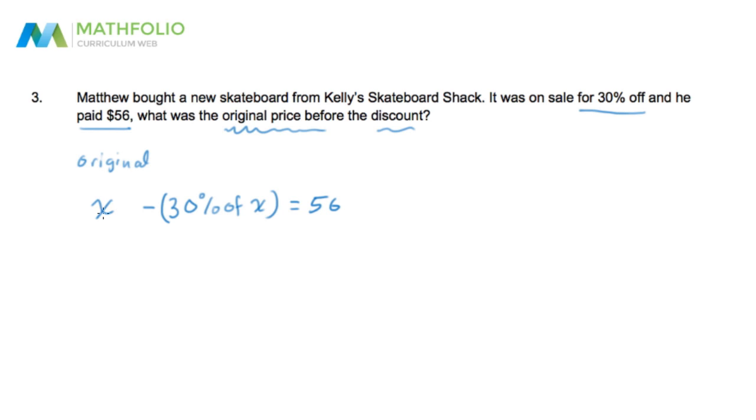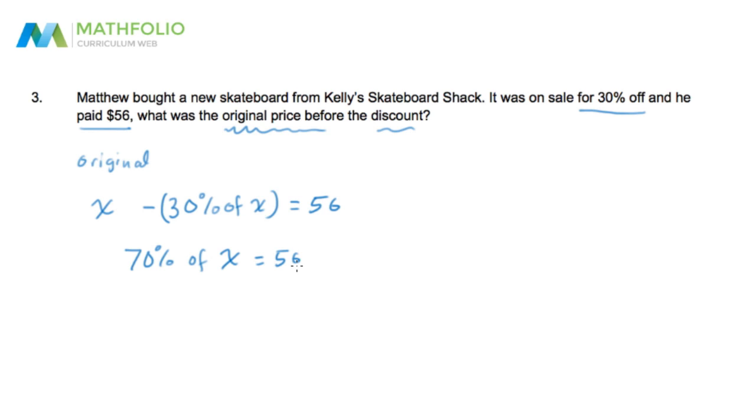So really, if he subtracted 30%, it means that he paid 70%, right? It means that he paid 70% of the value of whatever it was to begin with, and that came out to $56.